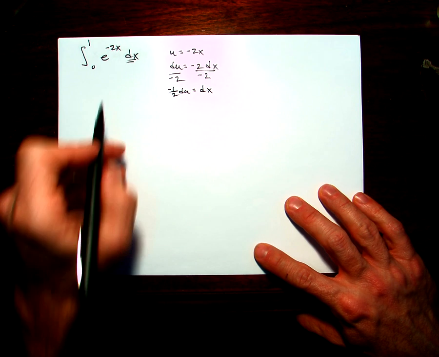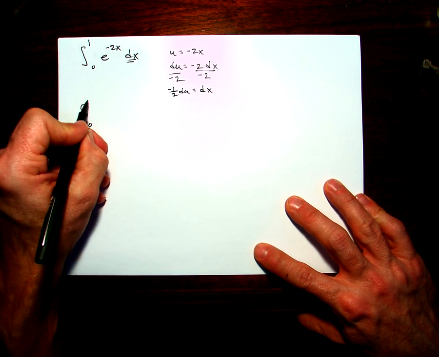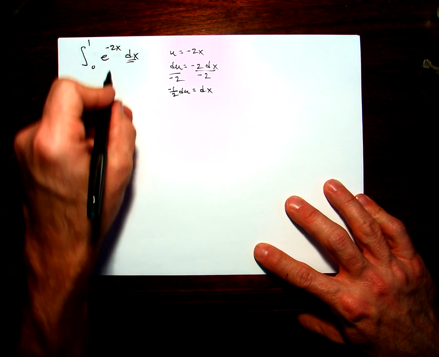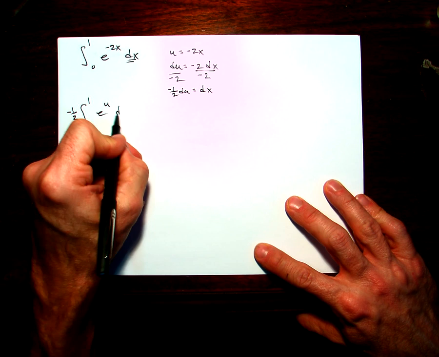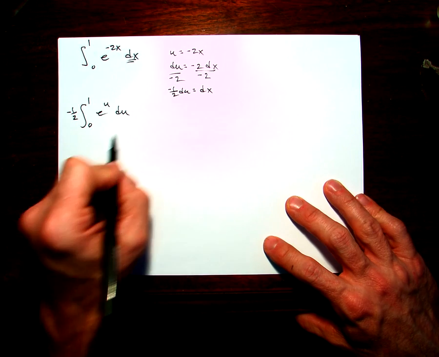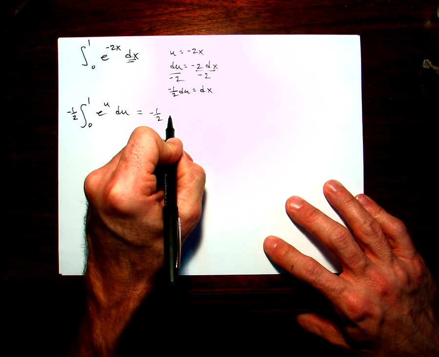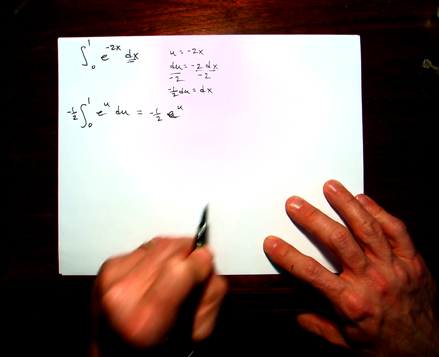All right, so I'm going to do that substitution. So I'm going to have the integral from 0 to 1. I'm going to bring that negative 1/2 out front. This is just going to be e to the u du. And this is about the easiest integral of them all. It's just going to give me negative 1/2 e to the u.